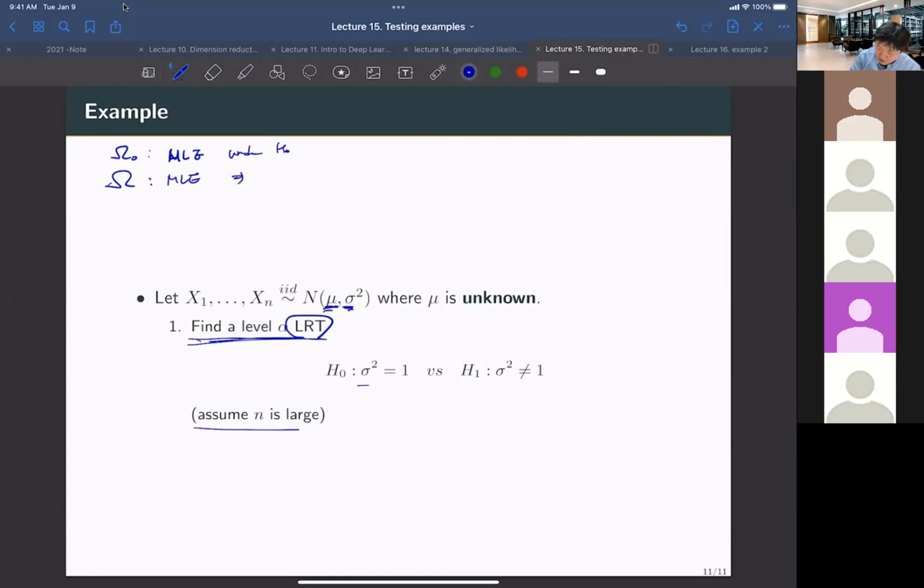And we know the MLE for a normal random variable. So mu hat is x bar and sigma square hat is 1 over n summation of xi minus x bar squared.